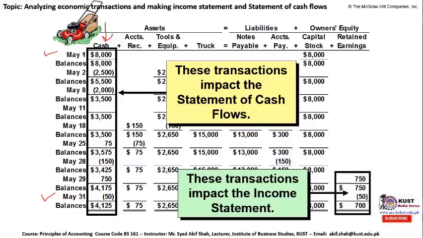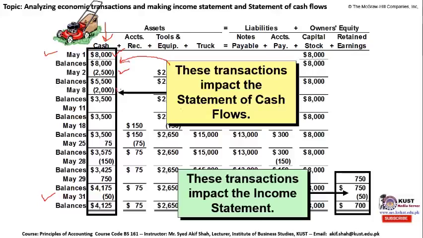Like my first transaction shows an inflow in the cash. May 2 is mentioned in parentheses, so it shows as cash outflow, and all these transactions impact the statement of cash flows.